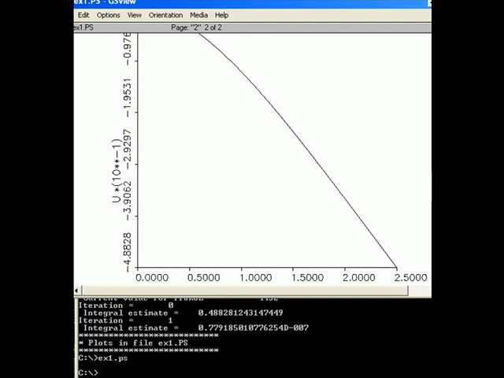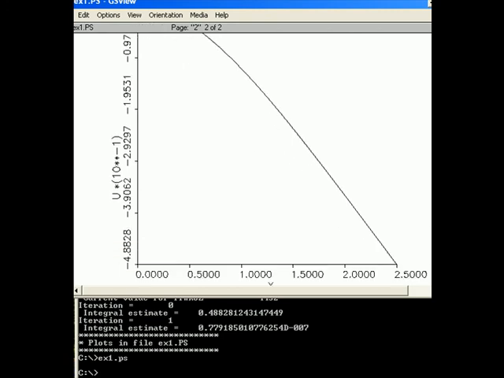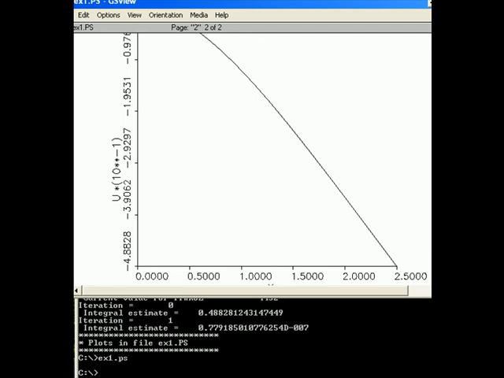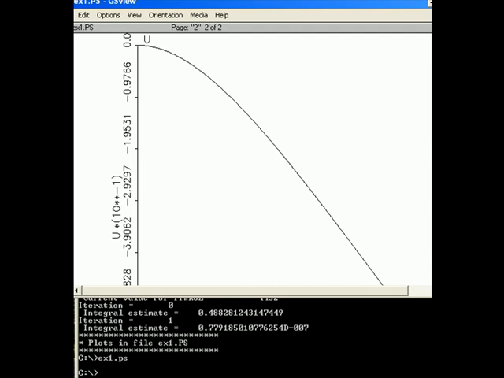So it's clamped. U is 0 and U prime is 0 here. And the right hand side, it's free and unsupported, so the flagpole's just hanging out there. And it's going down because of the weight of the beam. There was an external force due to the weight of the beam itself that's pushing it down.